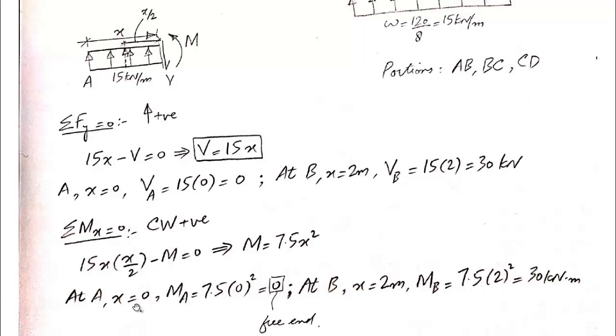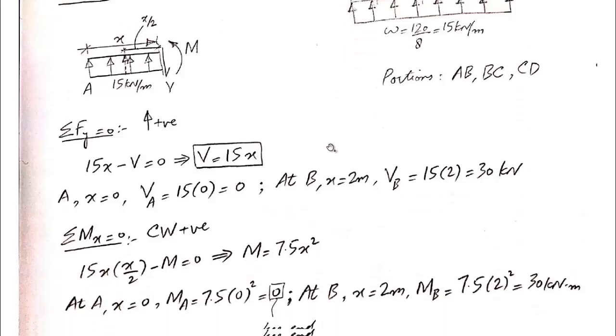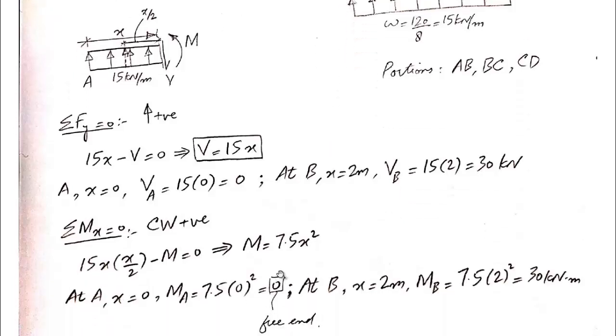So at A, x is equal to 0 and MA comes out to be 0. Now is this 0 logical? Point A is the free end of this beam, and there is no point moment acting at point A, which means that the bending moment at point A should be equal to 0. So this 0 is totally logical.